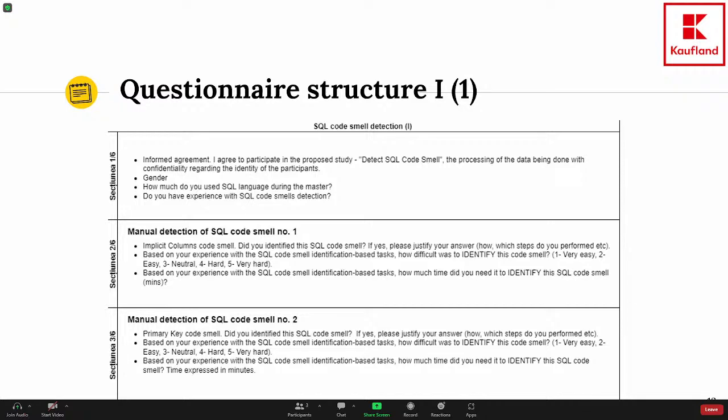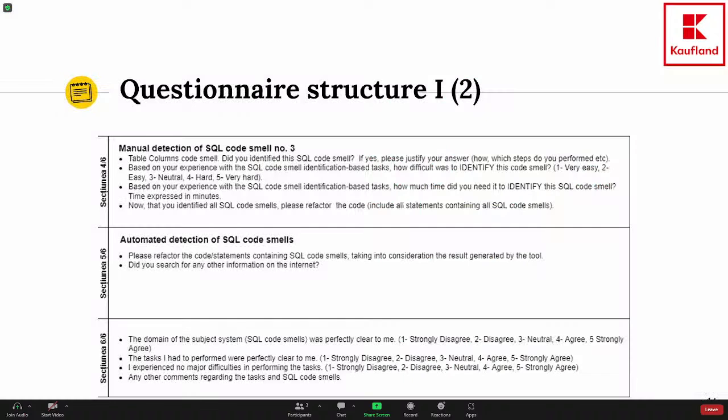And how much time did you need to identify this SQL code smell? The first group of students at section 4 had to perform code refactoring on SQL statements containing SQL code smells. And the second task was to perform code refactoring having provided the result generated by the tool. The last section contains questions and statements regarding the participant experience.